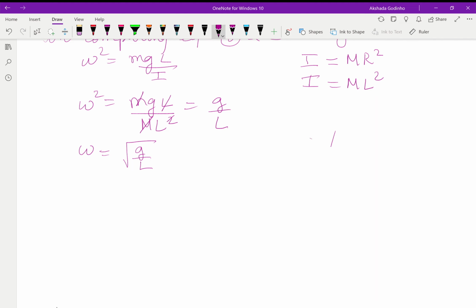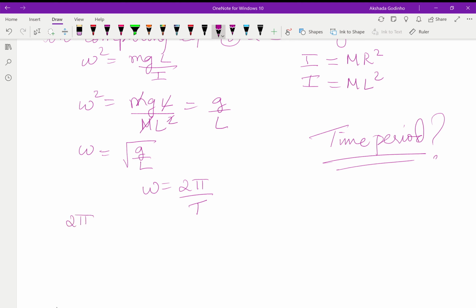Our goal is to find out the time period. Can I use omega to find the time period? Yes, because I know that omega is 2 pi upon capital T, which is the time period. So now I will put this here: 2 pi by T is equal to root of g by L.